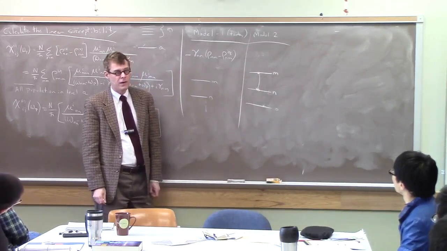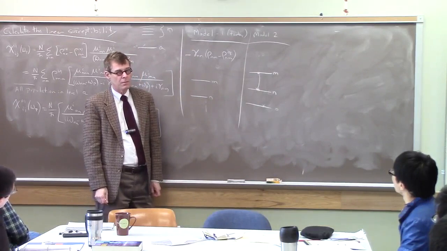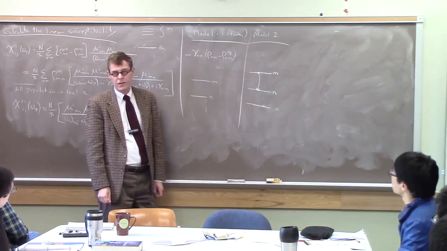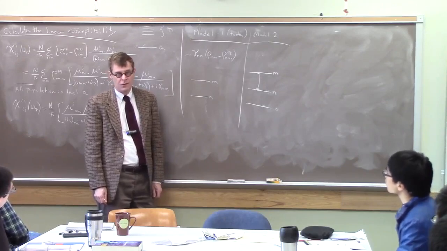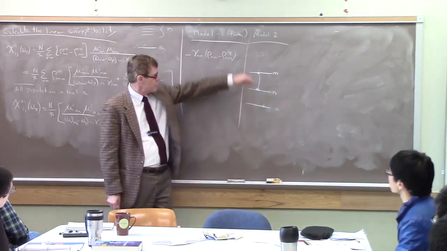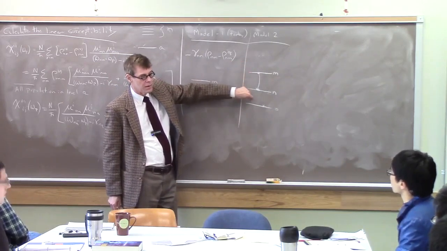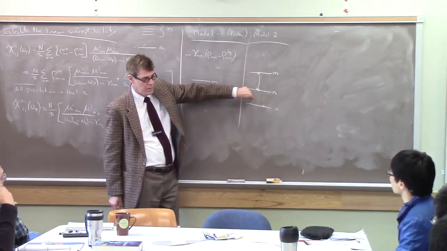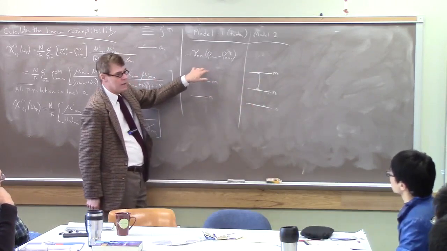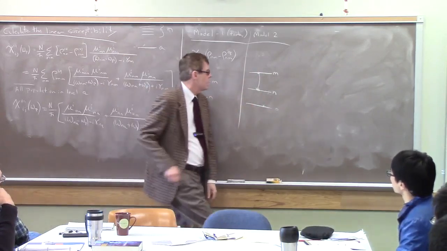But if the two-level model is a good approximation for that system, the population leaving here will necessarily end up here. So that is outside of this model.